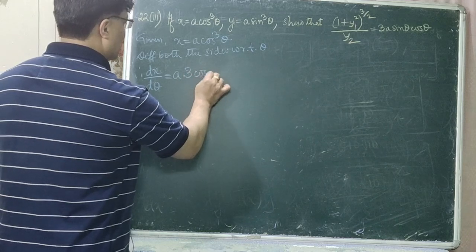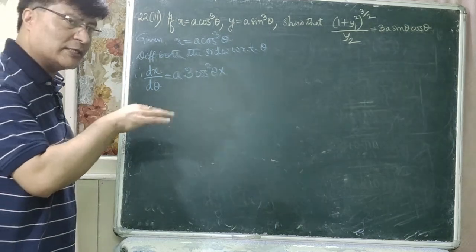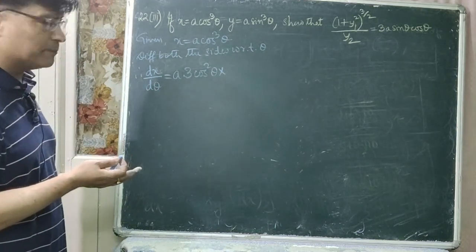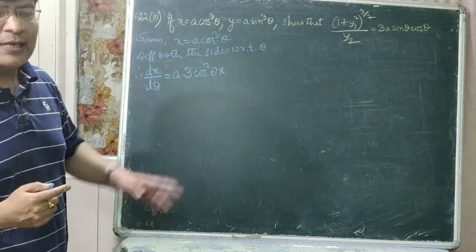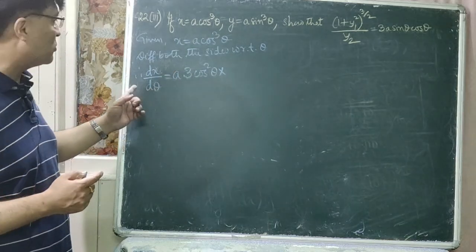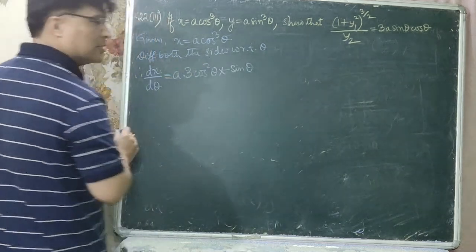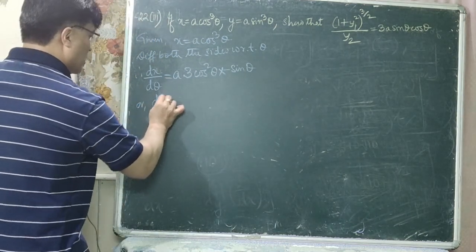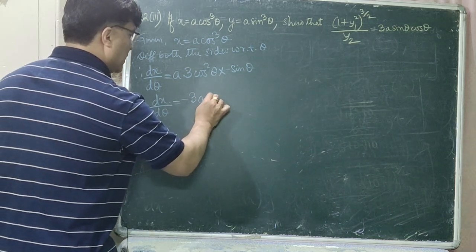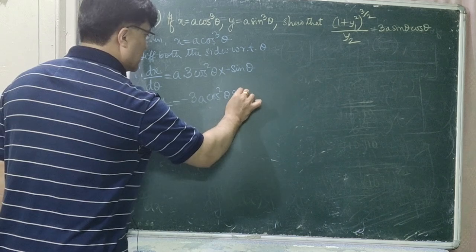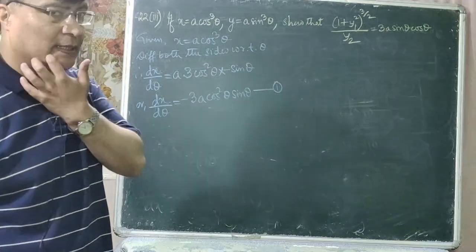So this will be 3 cos square theta into, again you have to differentiate the term which is assumed as x with respect to theta. So in this case cos theta was taken as x. Let us differentiate this cos theta with respect to theta. So what is this differentiation? Minus sin theta. Is that clear? So this is dx by d theta is equal to minus 3a cos square theta into sin theta. So let us mark it as number 1, right?